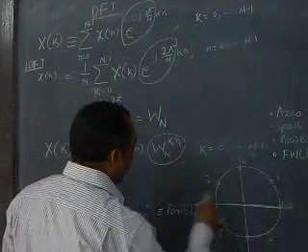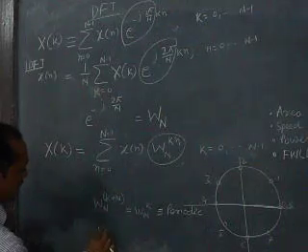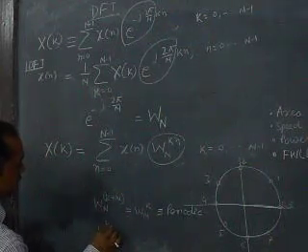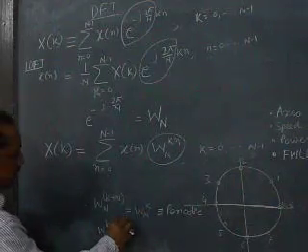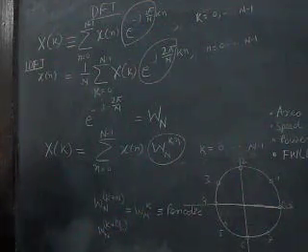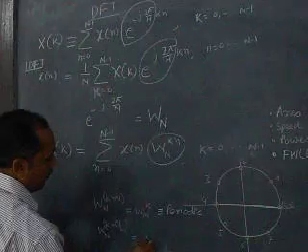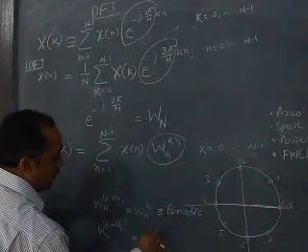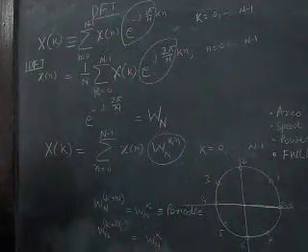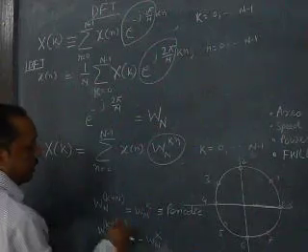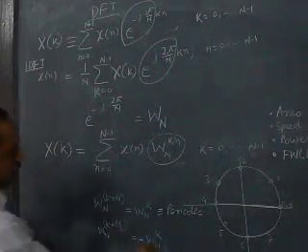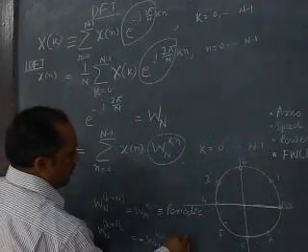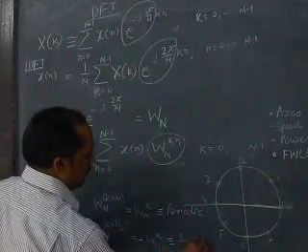It means W_N^(k+N/2), where 4 is 8 by 2, has the same value as W_N^k but with a 180 degree phase difference, or a negative sign. This is known as the symmetry property.